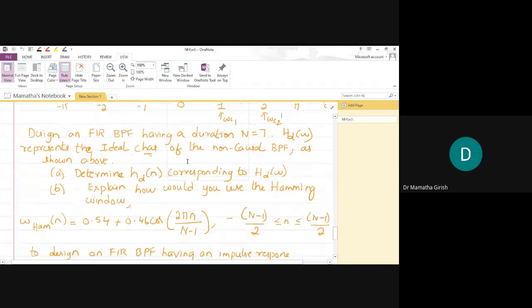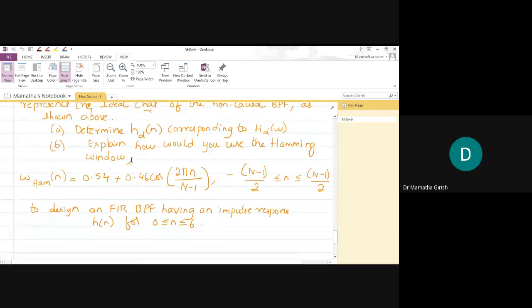What we are required to evaluate is to find the value of hd of n corresponding to Hd of omega. That is point number 1. In the second point, they have given the Hamming windowing function by this particular equation, ranging between minus (N minus 1) by 2 to plus (N minus 1) by 2.